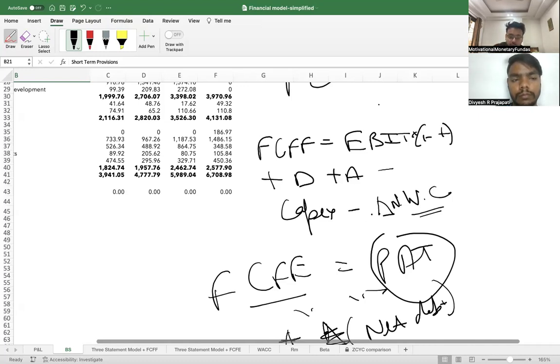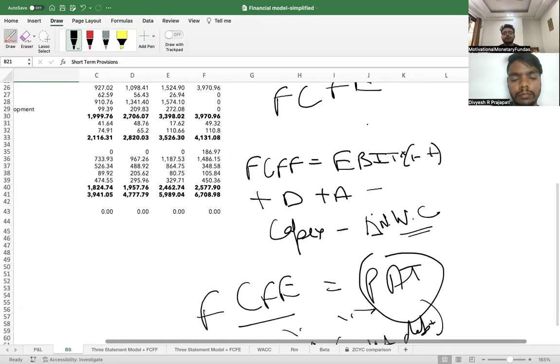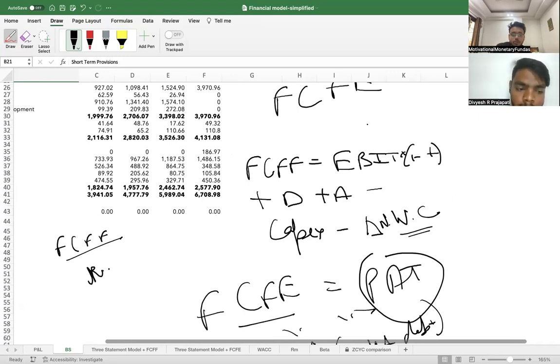Whenever we are forecasting the future cash flows of the firm on the basis of FCFF, we are always discounting this FCFF by the overall cost of capital, or your WACC, the weighted average cost of capital, or simply the discount rate.